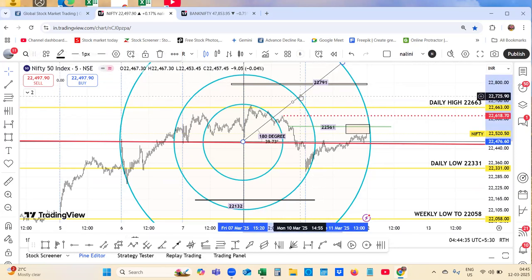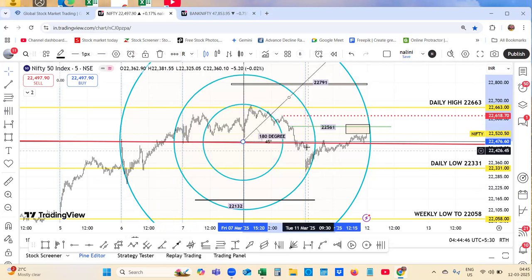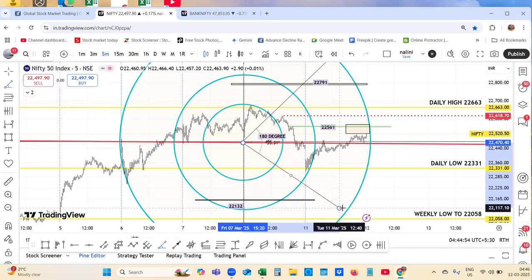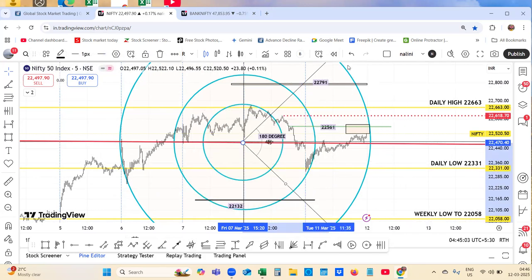If I draw this, let me adjust the coordinates, 45, and let me draw 45 degree at this level. So the range is like this. Market moves like this.